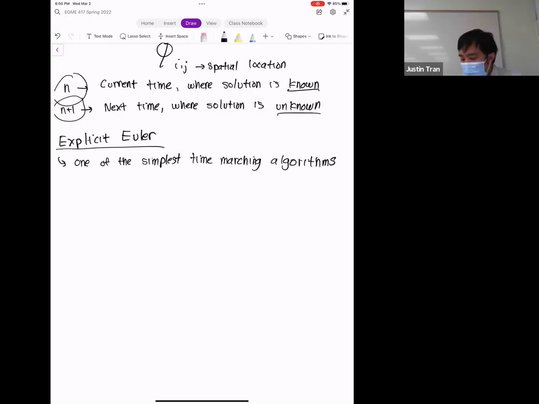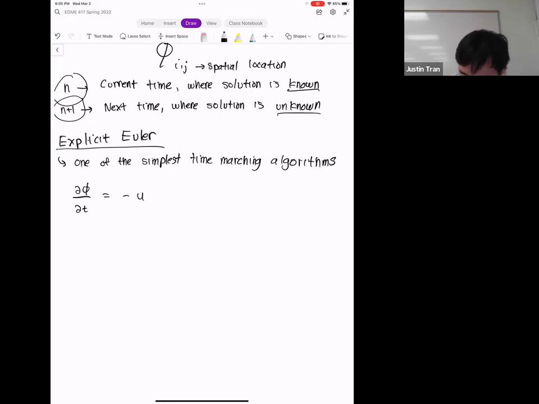To get the explicit Euler, we're going to start with our general conservation equation, which, remember, was partial phi partial t. Normally the convection term is right next to the time derivative, but just because it'll make the next step a bit easier, I'm going to move that to the other side of the equation.